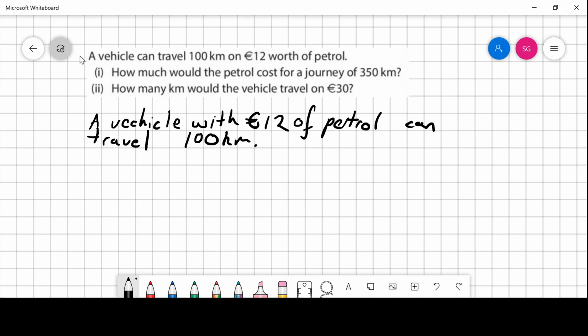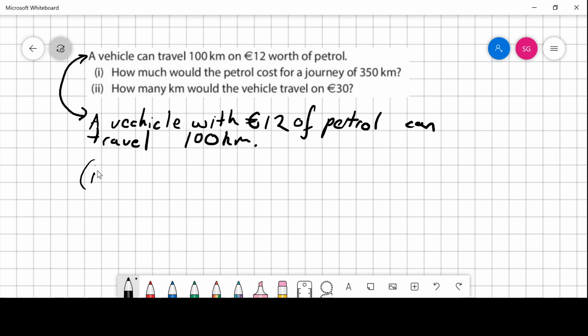So does it make sense that these two statements are the same statement, aren't they? If a vehicle can travel 100 kilometers on 12 euro worth of petrol, then a vehicle with 12 euro worth of petrol can travel 100 kilometers. And that might seem super obvious and simple, but that is going to be crucial for our second portion.